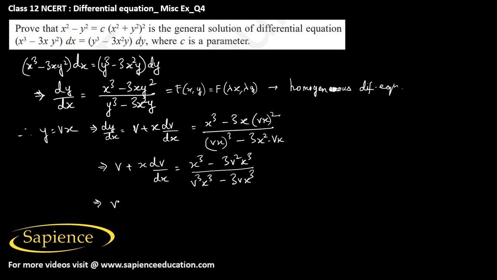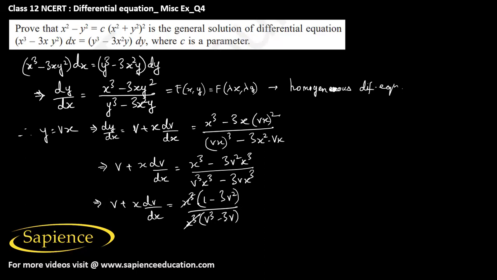So this will become v plus x dv/dx equal to, from here x³ I can take common, it will be x³(1 − 3v²) divided by x³(v³ − 3v).